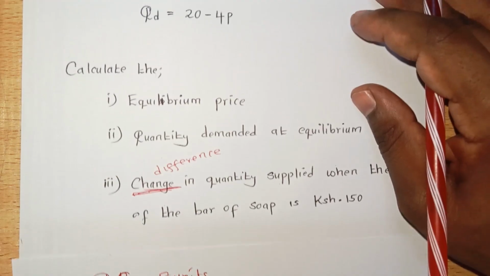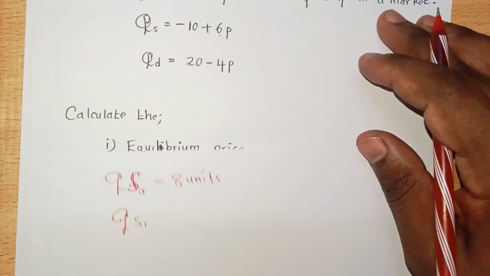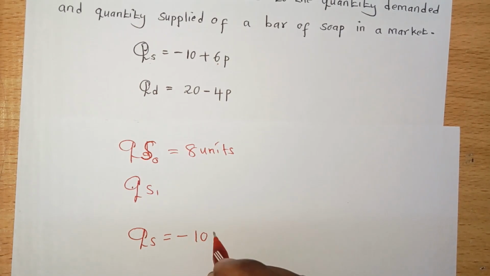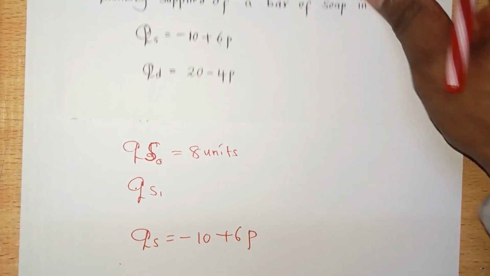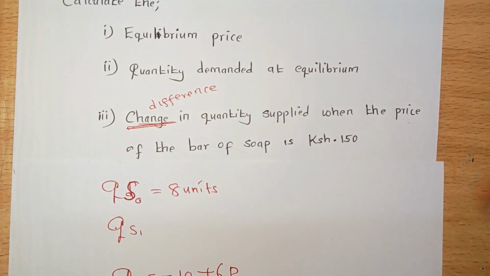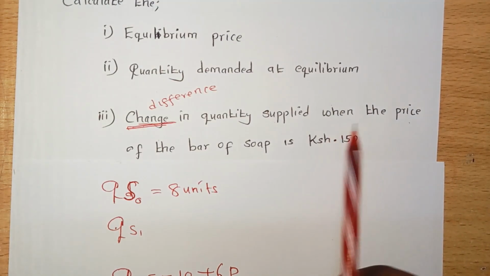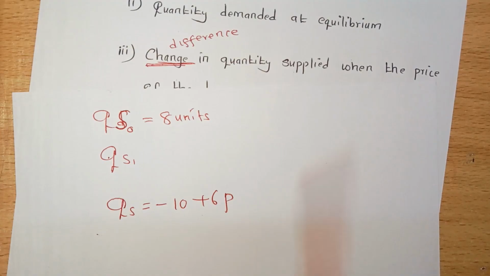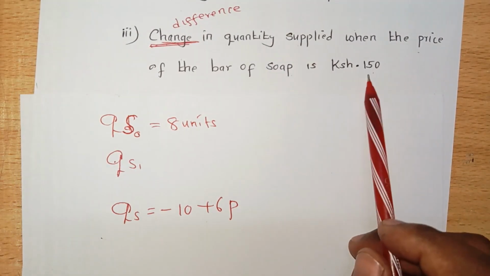So we go back to our question. We can see that our QS function is QS equals negative 10 plus 6p. This is our QS function. Because we have been told to find the change in quantity supplied when the price of the bar of soap is 150 shillings, we are supposed to replace this P with 150 shillings.